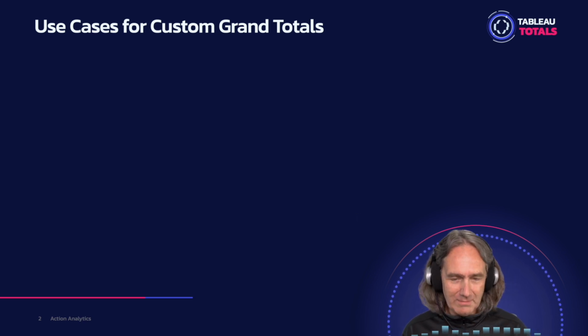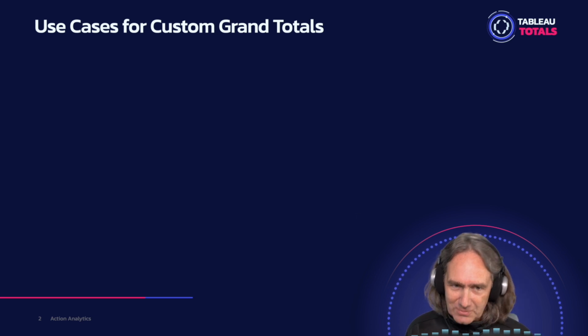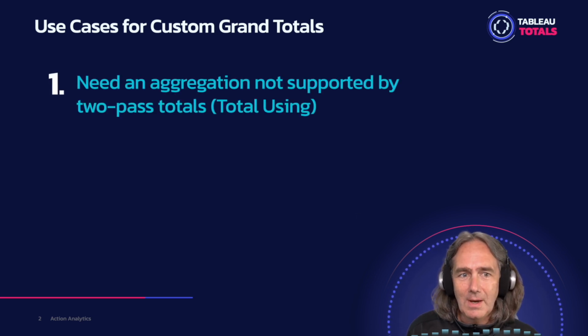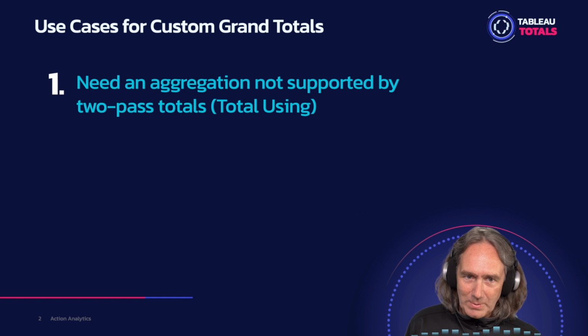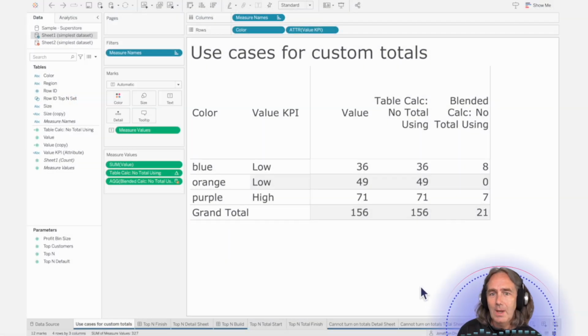So why do we need custom totals? I alluded to it in the past one, just to review. We have cases where we need an aggregation that's not supported by two past totals. I'm going to switch over here to a Tableau visualization, where I've got some different examples.